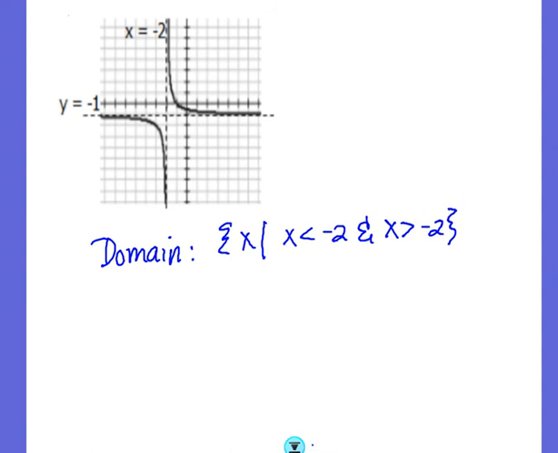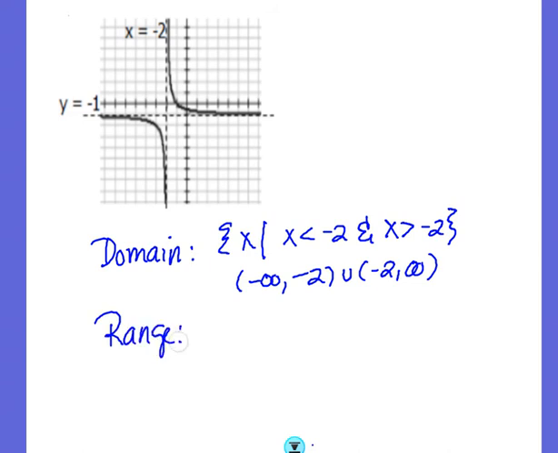So in interval notation, I want to go negative infinity to -2. I can combine these by using a little u, and then go -2 to infinity. Our range: this time we skip over -1.